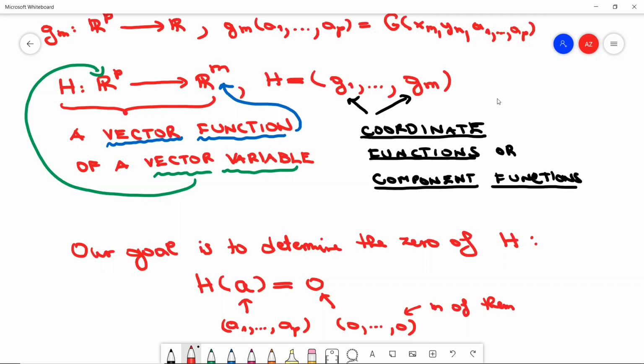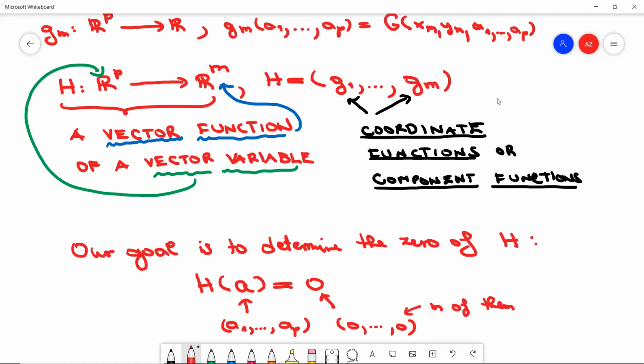And we said that we want to find parameters a1 up to ap, so that f of xi, a1 up to ap is equal to yi. And this is true for every i, so for every data point. And then we said that it will be more convenient to solve this numerically by putting everything on one side, so that on the right-hand side we have only zeros. That's why we put yi's on the left-hand side.